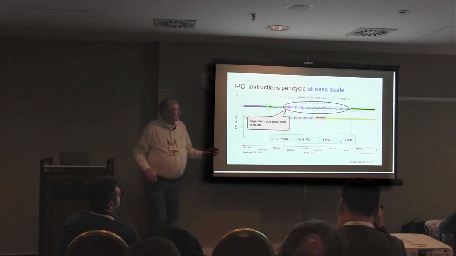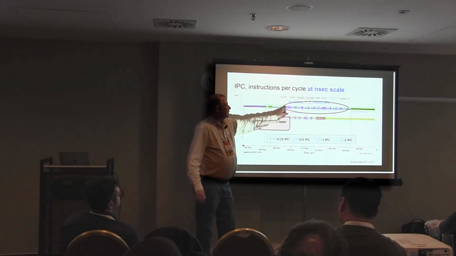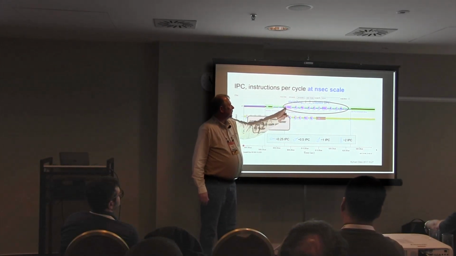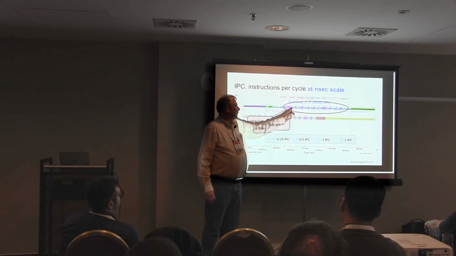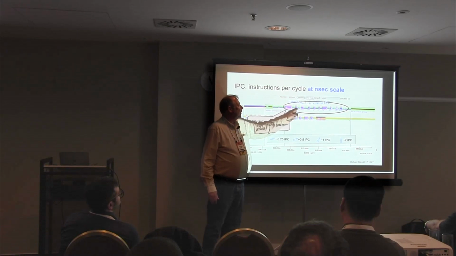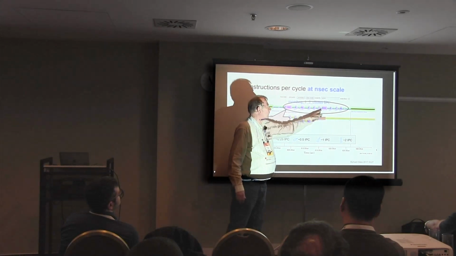Here's another example. This is in front of that same write. There's a series of page faults. This is the page fault routine execution rate, instructions per cycle. This is the user mode code that's getting interrupted. We're generating faults. So here's the page fault running at less than a fourth of an instruction per cycle. Then it's at 1, then it's at a half, and then it's at 1, 1, 1, 1, 1.